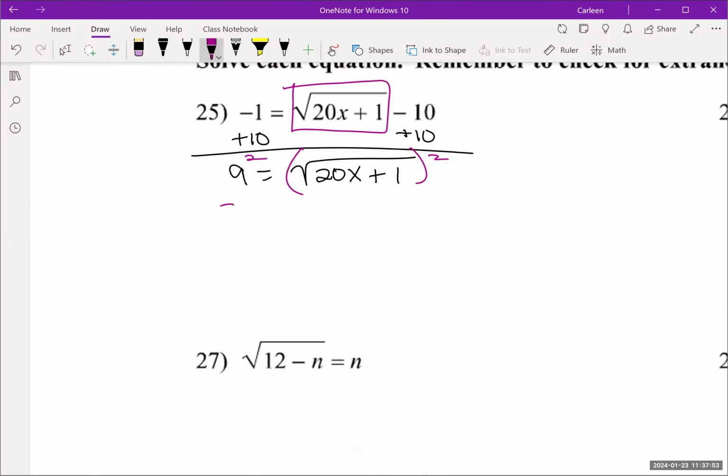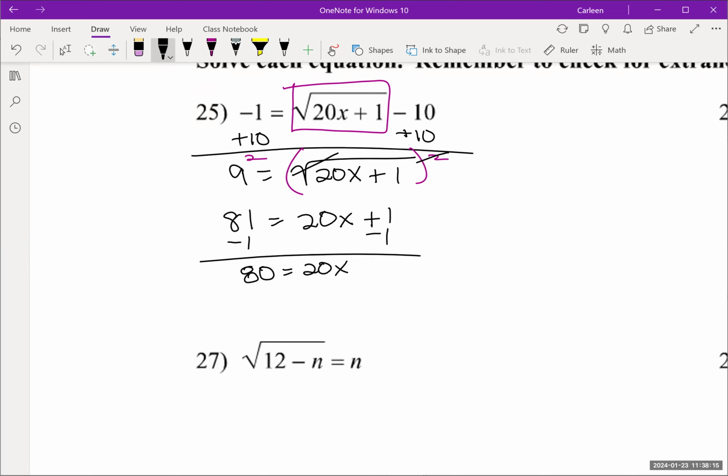Okay, so 81 is equal to, square root cancels a squared, 20x plus 1. Subtract 1. 80 is equal to 20x. Divide by 20. x is equal to 4. One answer.